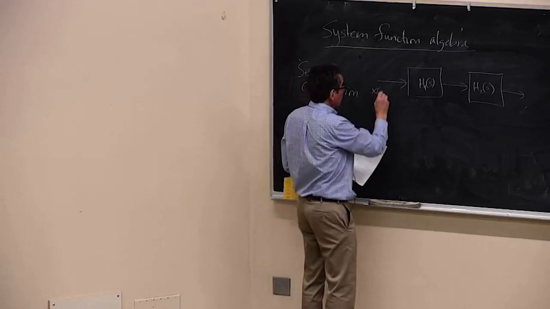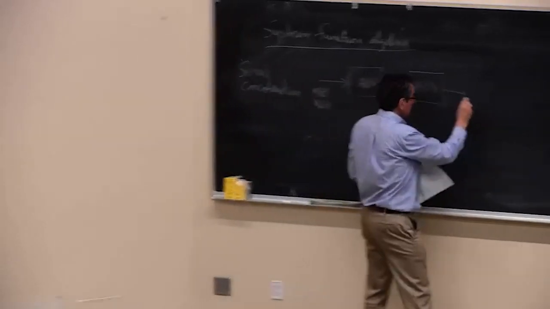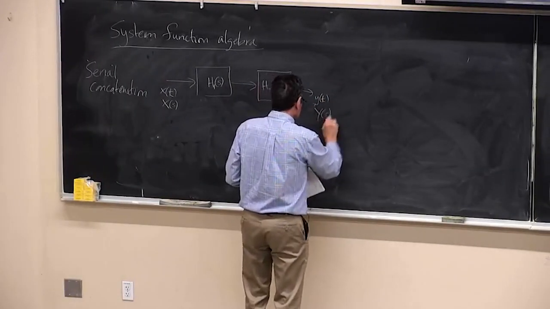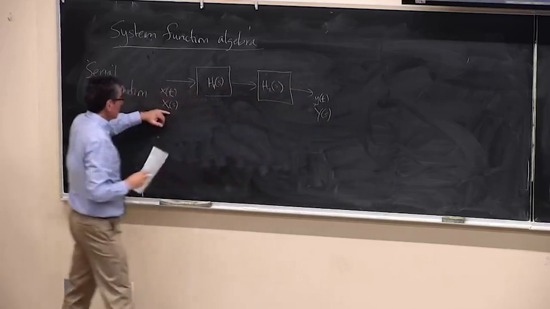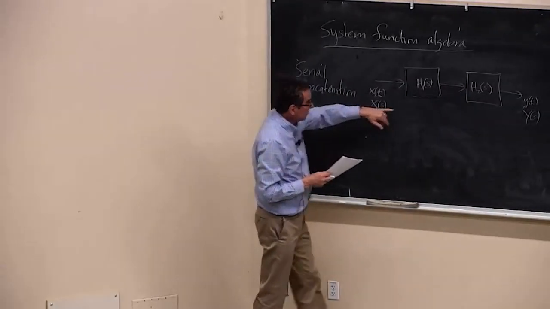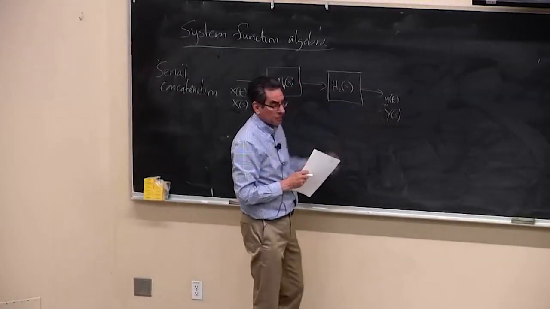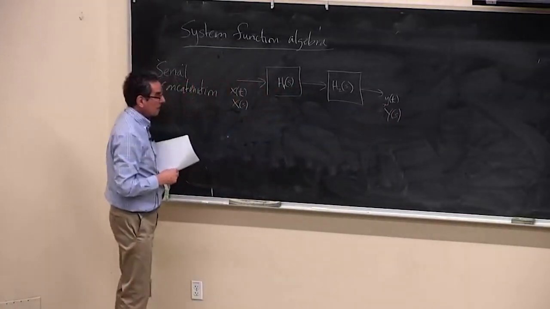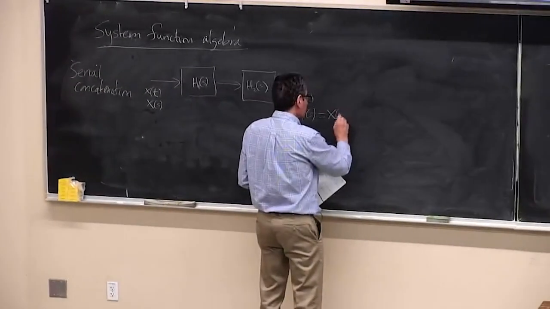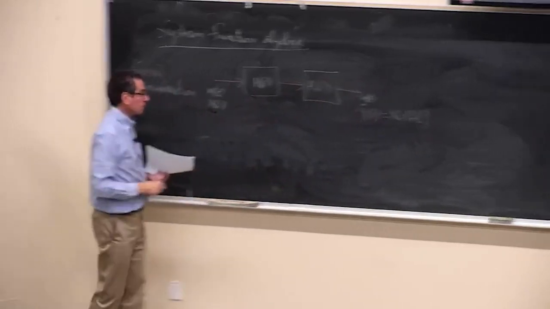What we know is that if we have x of t with Laplace transform X(s), and the output of this concatenation is y of t with Laplace transform Y(s), this is going to be equal to X(s) times the overall system function.